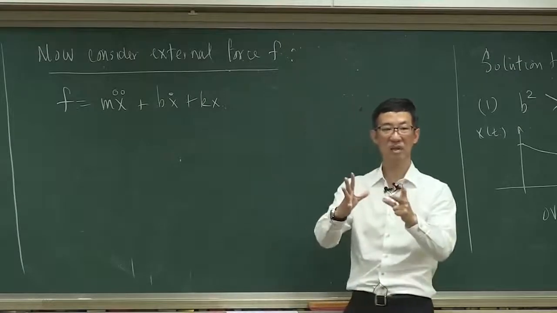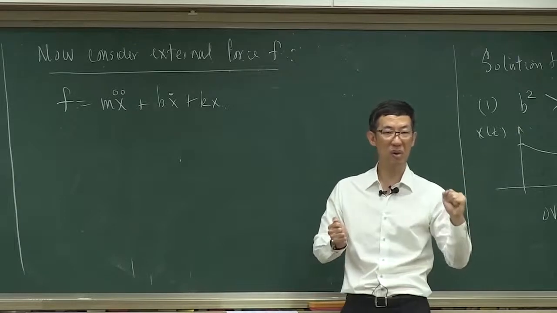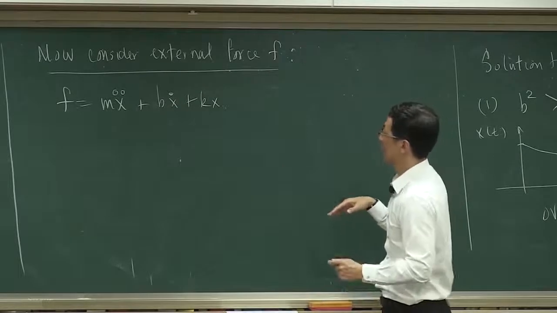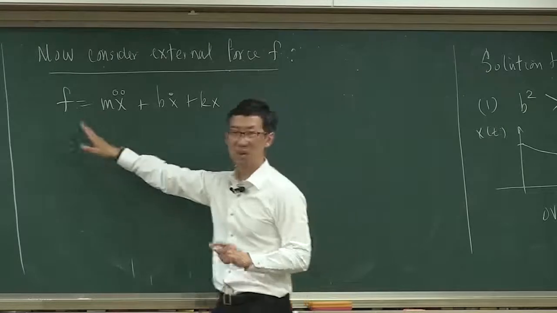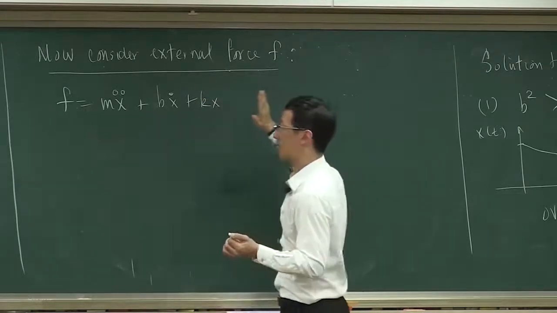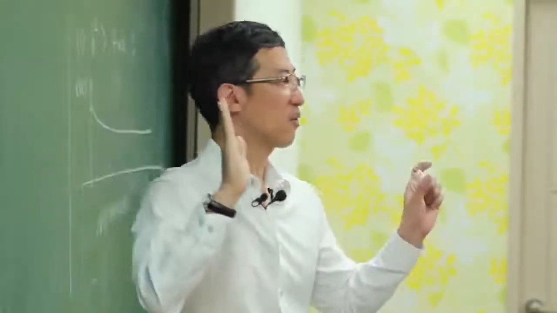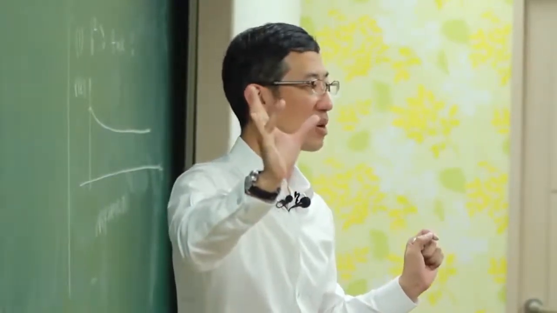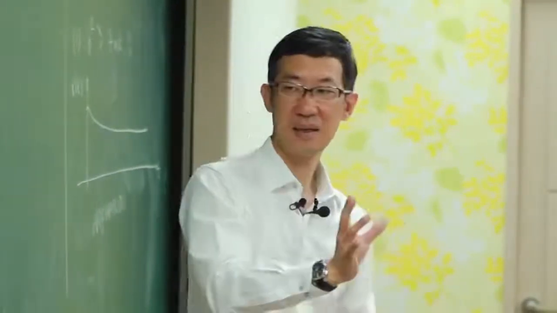Suppose there's some motor or actuator that can apply a force to the mass. So it's a control system. This is our control input. Now, here's the goal. Let's find the force F that makes the mass go to 0 as fast as possible without oscillating.